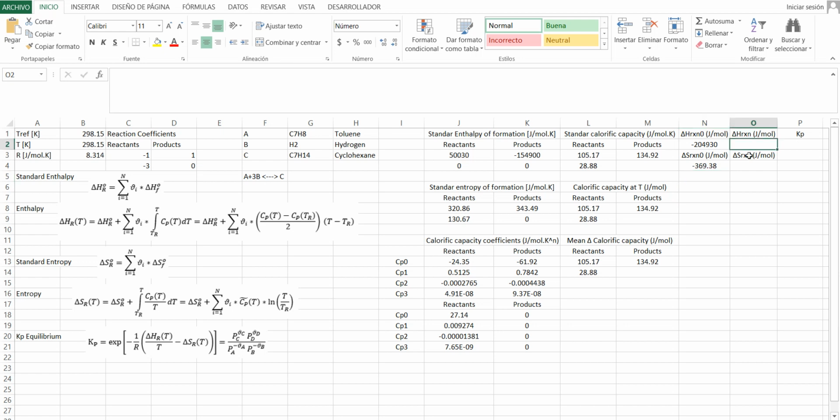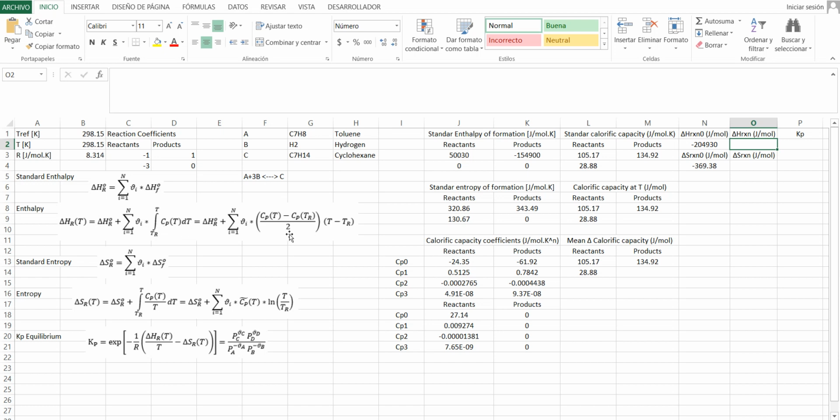Let's begin with the change of enthalpy. What would that be? We would say it would be the standard enthalpy plus the change of the calorific capacities. But as we discussed before, a simplification of this integral would be just the mean.